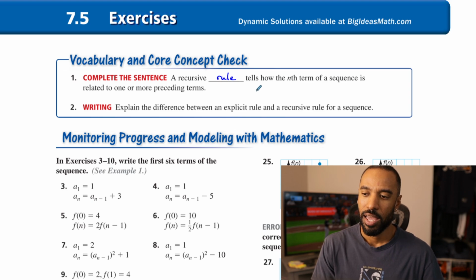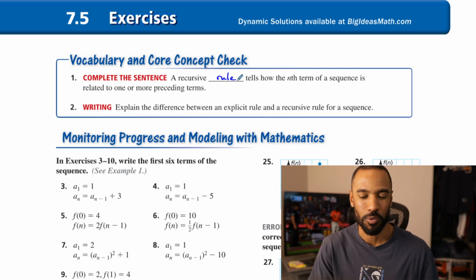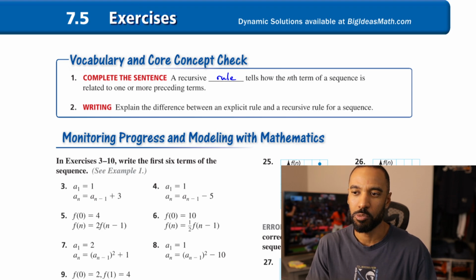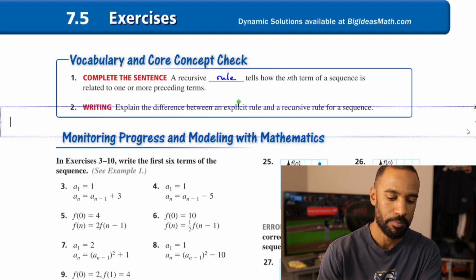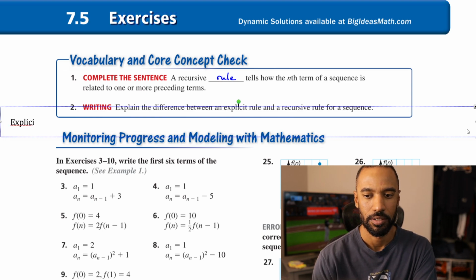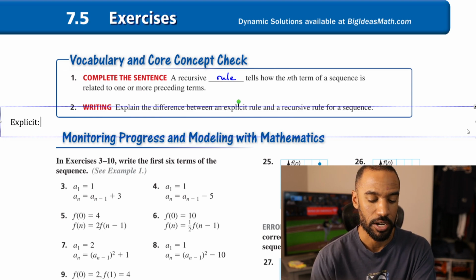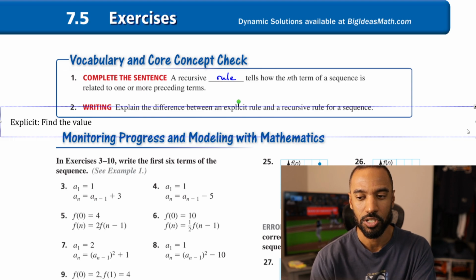Number 2, writing, explain the difference between an explicit rule and a recursive rule for a sequence. Well, this tells you the recursive thing here. This might be recursive function, recursive equation, I don't know. But an explicit rule is where you can find the value of any given term. Explicit, a word I've been saying this entire chapter. Find the value of any given term.